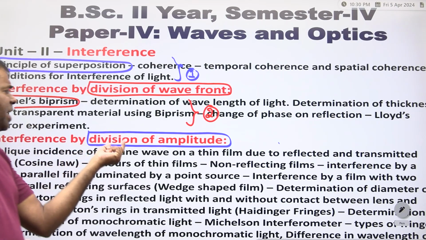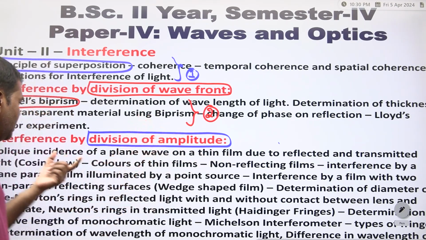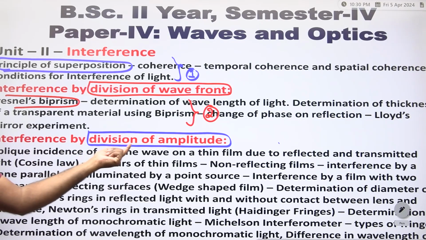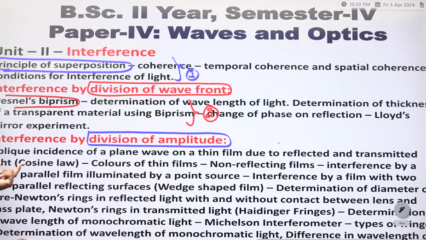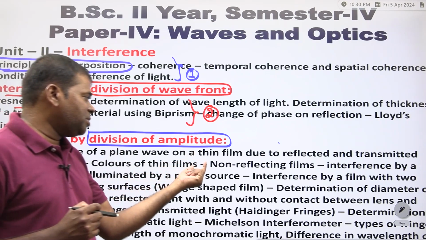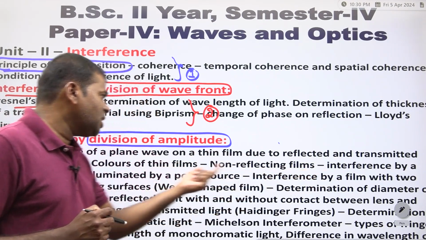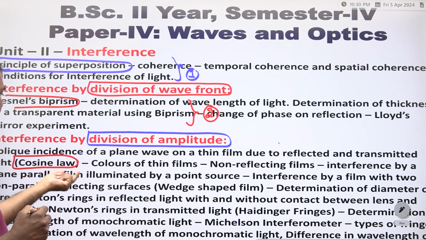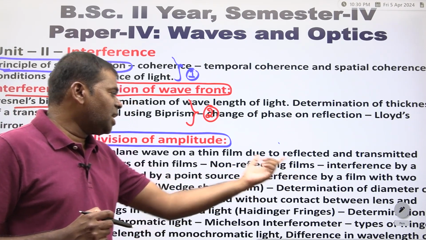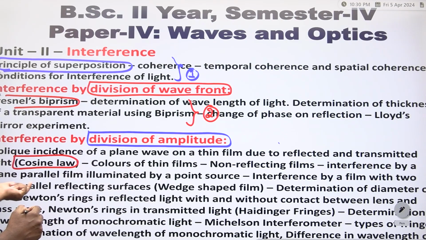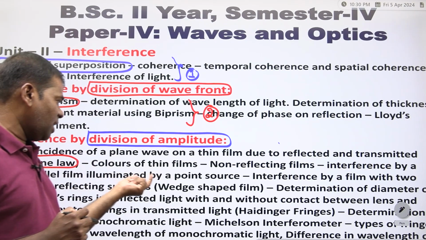Now, interference by division of amplitude. There is oblique incidence of a plane wave in a thin film, due to the reflected and transmitted light. That is the cosine law; you have to get the cosine law. Colors in films, non-reflecting films, interference by a plane parallel film illuminated by a point source, interference by a film with two non-parallel reflecting surfaces.